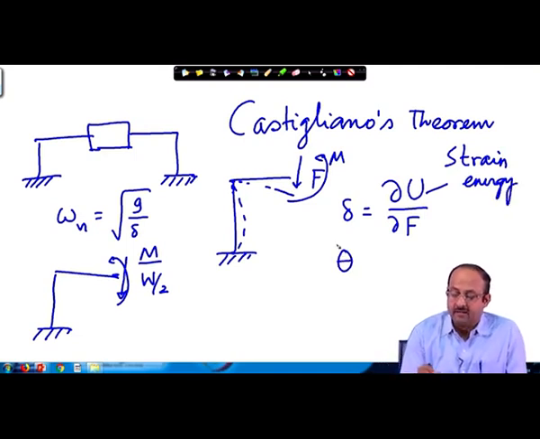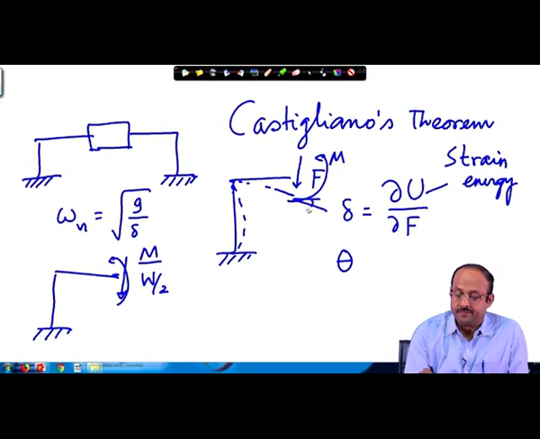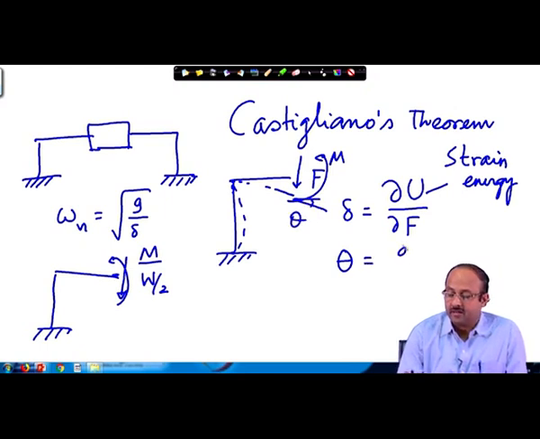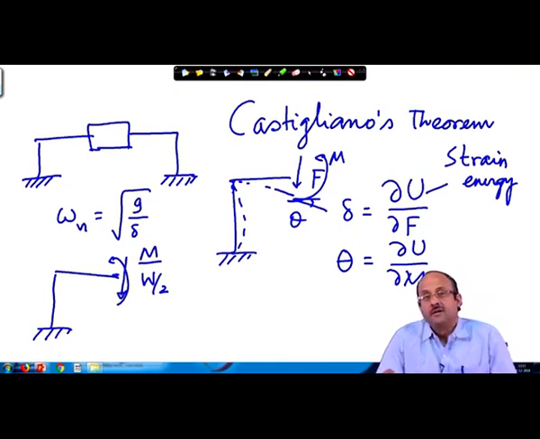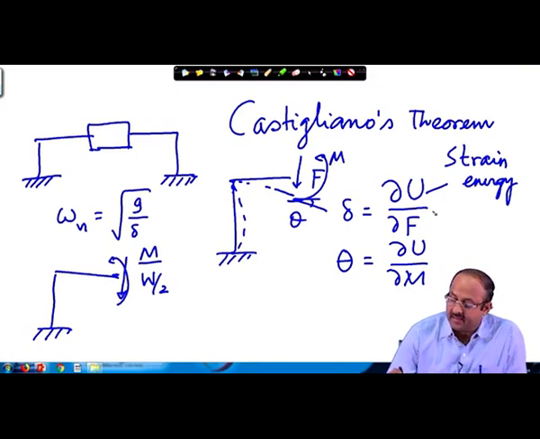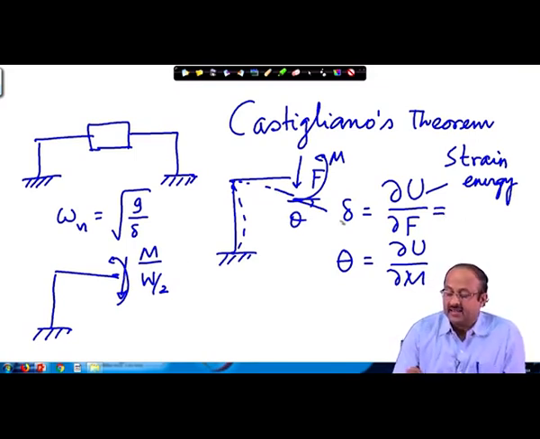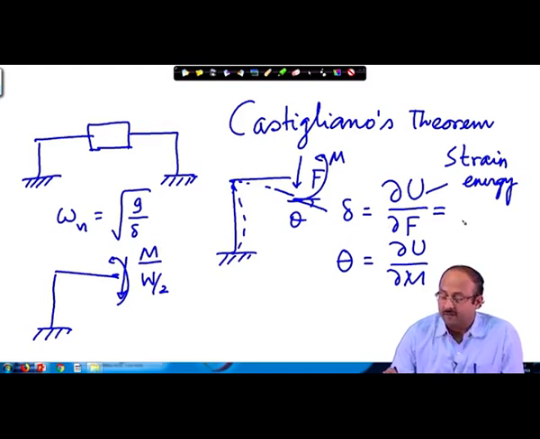Similarly, the angular deformation theta will be del U del m, the partial derivative of strain energy with respect to m. Now, delta, if this is a linear system, which it is, will be a linear combination of F and m.